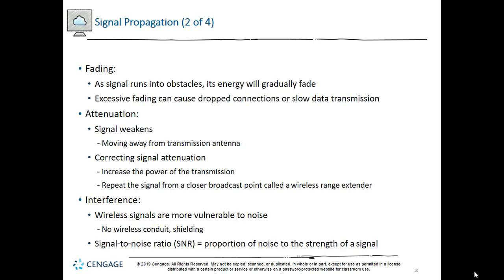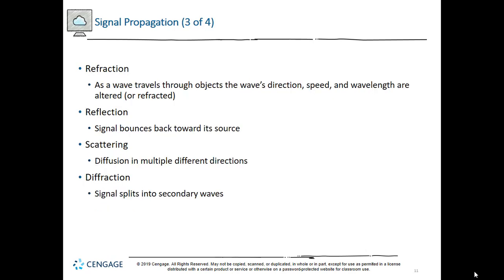There are times when our signal will bounce off a window, a plant, a car, a mirror, glass, or anything. As a wave travels into and through a different transmission medium, such as glass or other solid objects, the wave's direction, speed, and wavelength might be altered, or refracted.